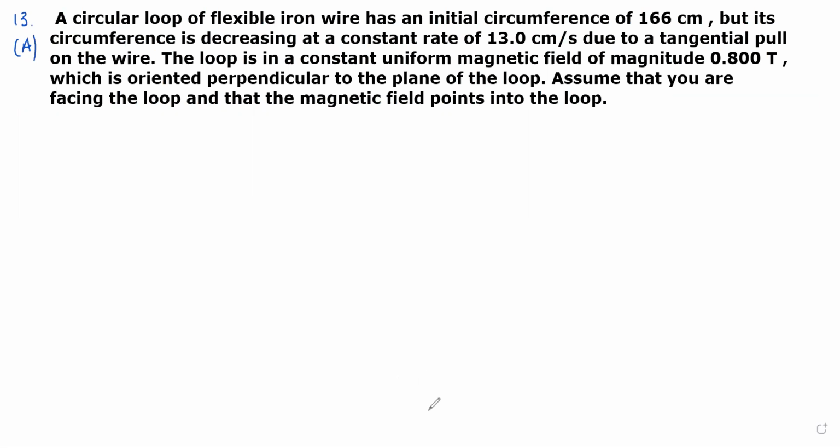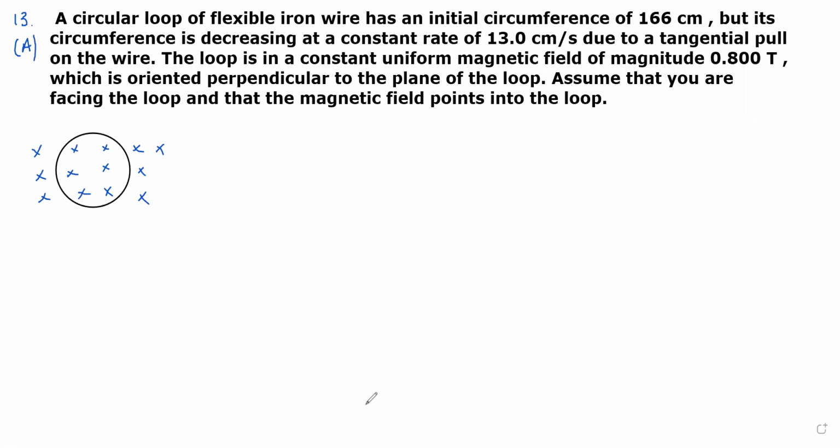So real quick, before we jump too far into it, let's draw it out. We have a loop, we have magnetic field going into the loop. And the loop's circumference is decreasing over time, right?